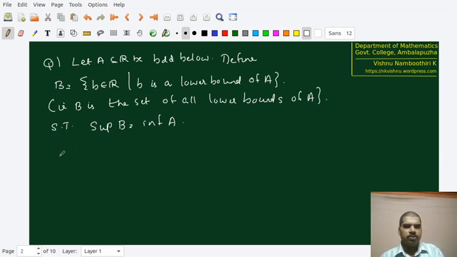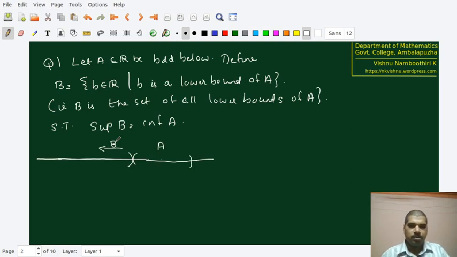So if we try to sketch, it looks probably like this. Suppose the set A is somewhere here, and the set B is lying to the left of A. So what we have to show is that supremum of B is equal to infimum of A. For this, we are going to show that supremum of B greater than infimum of A is not possible, and supremum of B less than infimum of A is not possible.